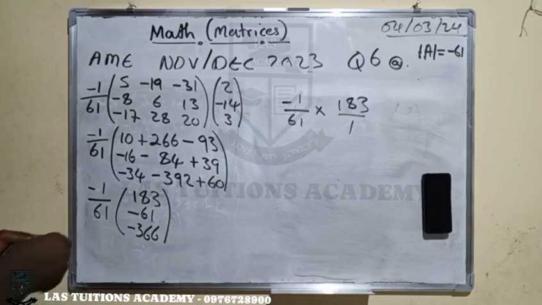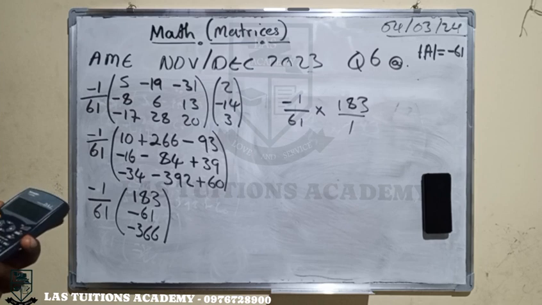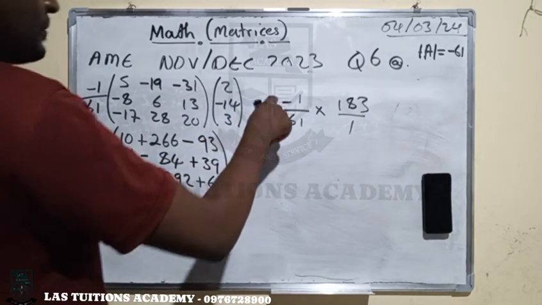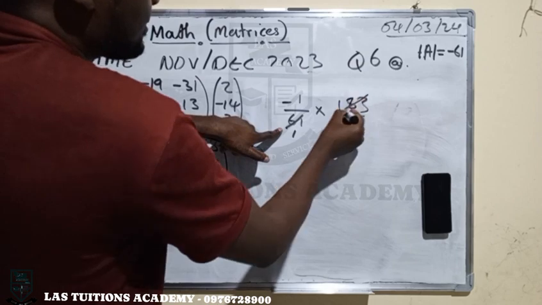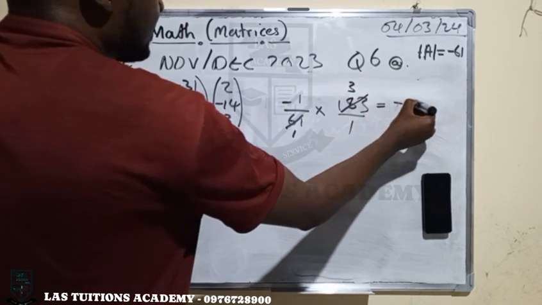So you can say 183 divided by 61, sorry. 183 divided by 61, we get 3. Since this is negative, negative 1 times 3 gives us negative 3.